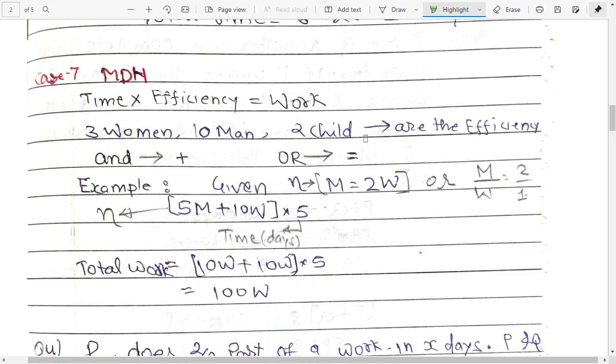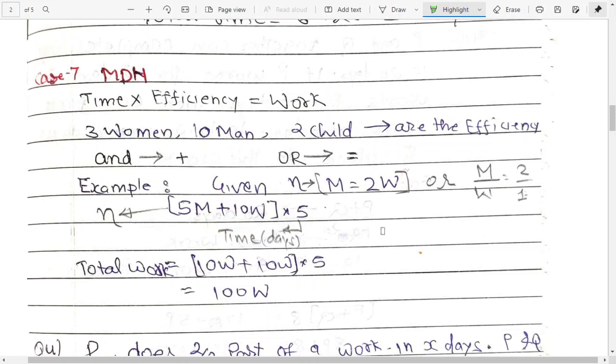So I have given a basic example. There are different cases in questions, but to begin with I have just considered a simple question, so that you get a brief idea how the questions come. They have mentioned in the question that man and woman efficiency is 2:1, that is, man's efficiency is twice that of woman, and you need to calculate the total work, and they are working for 5 days.